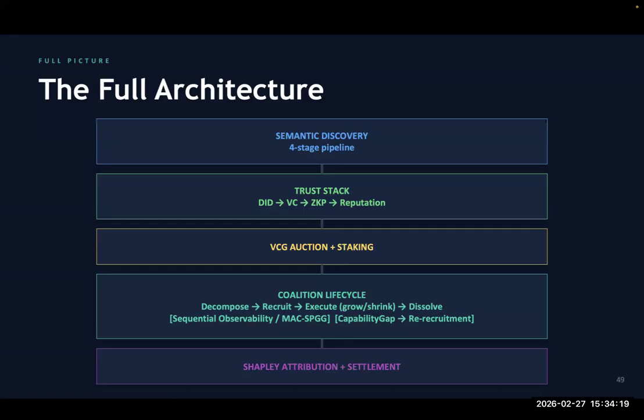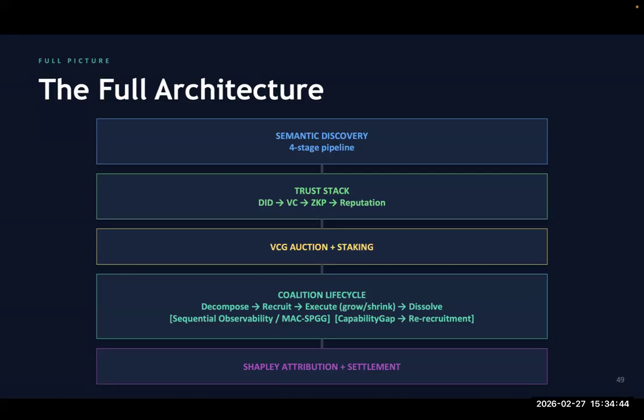Then you need incentivization. This is the negotiation stage. I gave you the example of the VCG auction to motivate the importance of this stage and how critical it is for effective multi-agent collaboration, and staking, which is one approach for solving the cold start problem. There are many others. Once you have this, you go into the coalition lifecycle: you decompose, find problems, recruit, execute, and then grow or shrink.